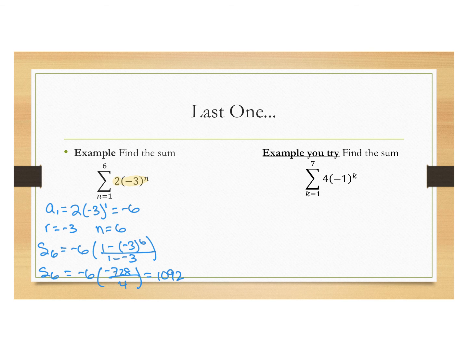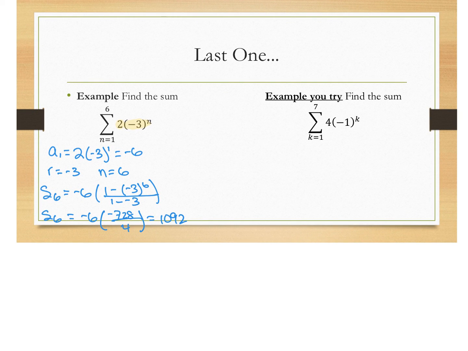Now, we can do this problem like we did before with summation notation. So we could have started at the first term and continued until we got to the 6th. And let's see if we get the same solution. Oh, I started writing in 4s instead of 3s.